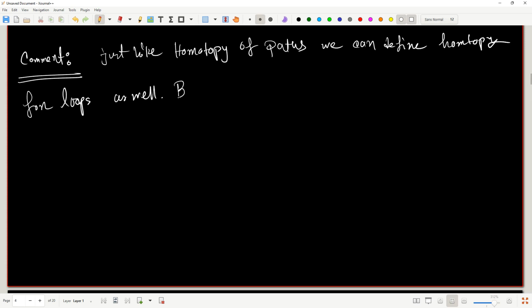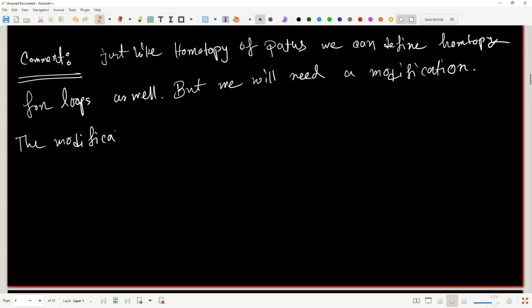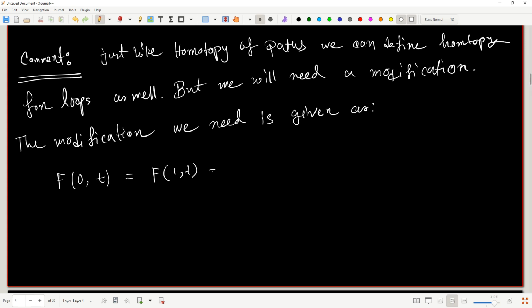But we will need a modification. And the modification we need is given below, given as f of 0 of t is equal to f of 1 of t is equal to x0.